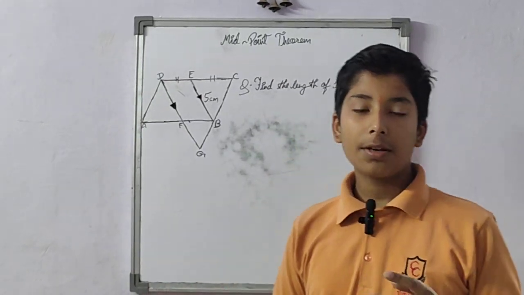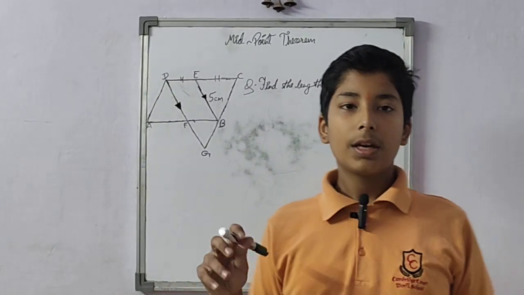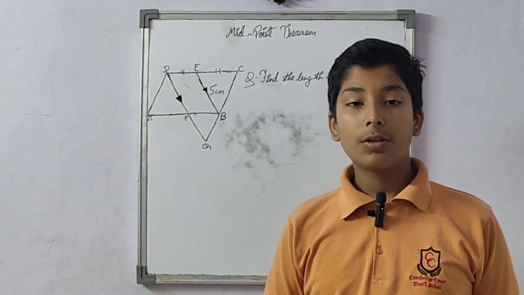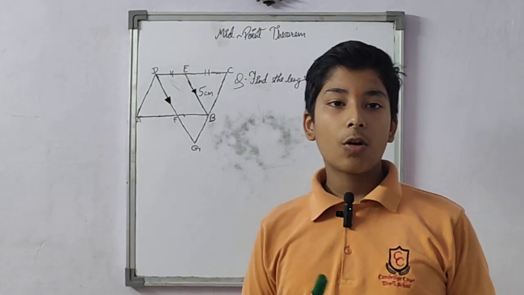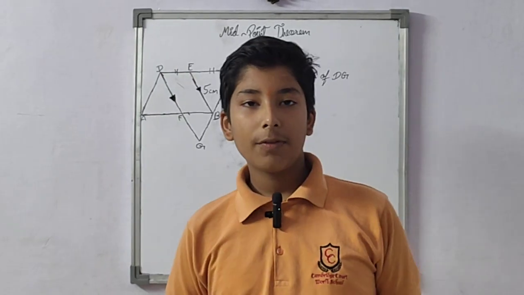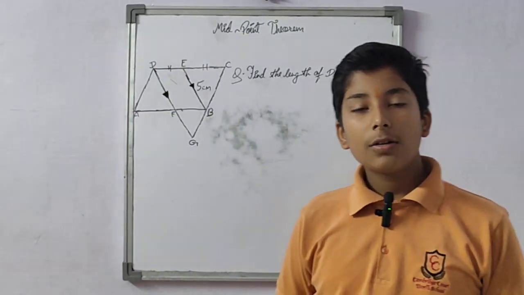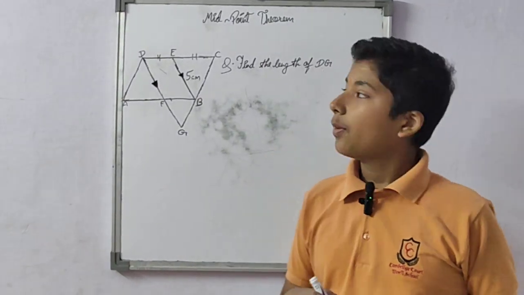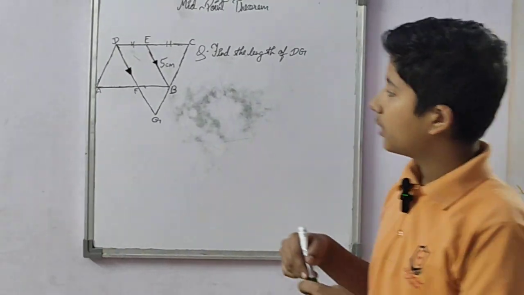You will understand it once more in the question itself. And the converse of midpoint theorem is: a line drawn from the midpoint of any one side of a triangle parallel to the second side bisects the third side. Same, you will understand in questions.